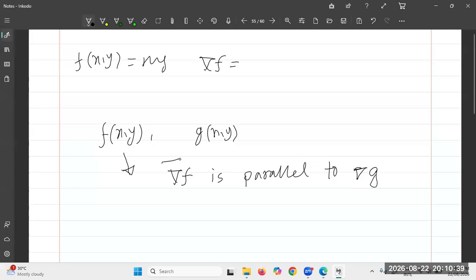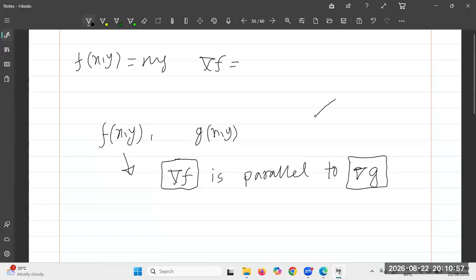Gradient of f is a vector, because after calculating the gradient we are converting a scalar function into a vector quantity that is called the gradient, and gradient of z is again a vector quantity. So these two vectors are parallel.